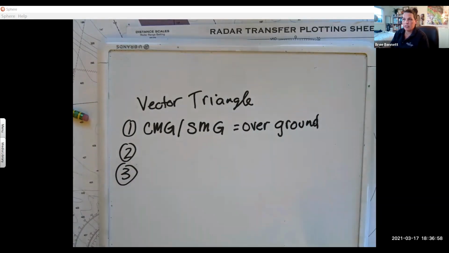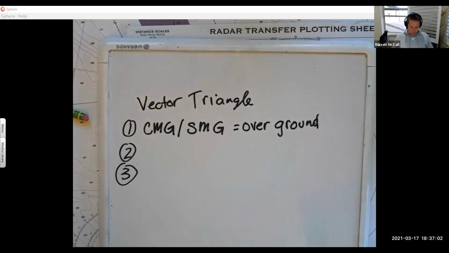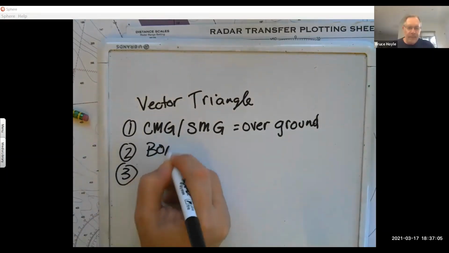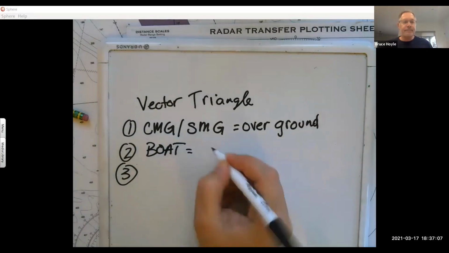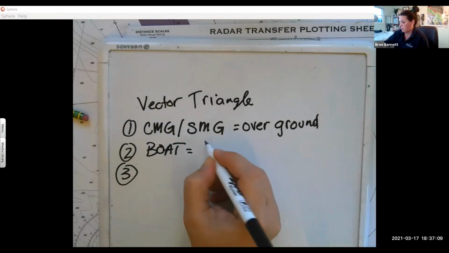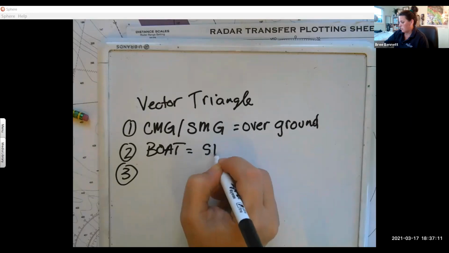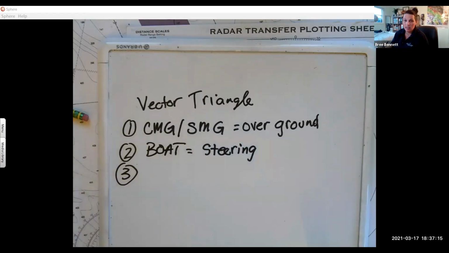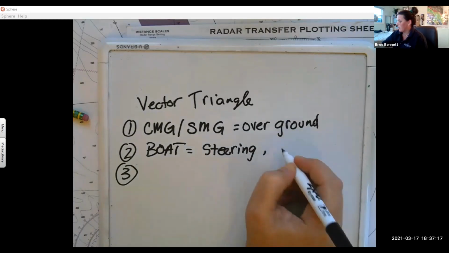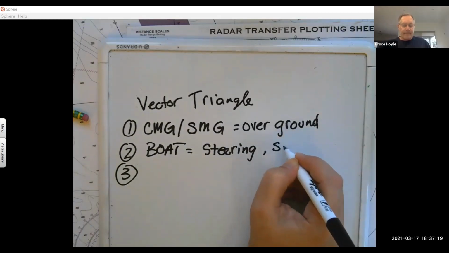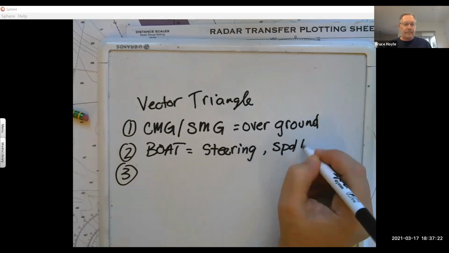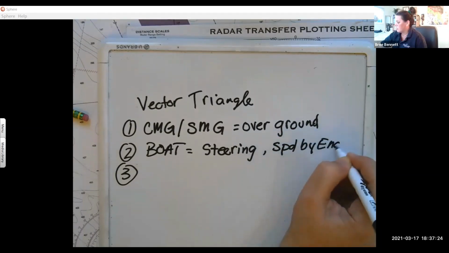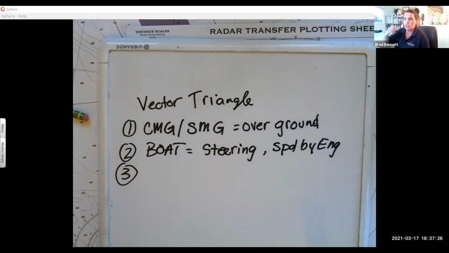What's another leg of the triangle? Boat. That's what you're steering. What is the course that you're actually steering? And then what is the speed by engine? What is your engine putting out for speed?